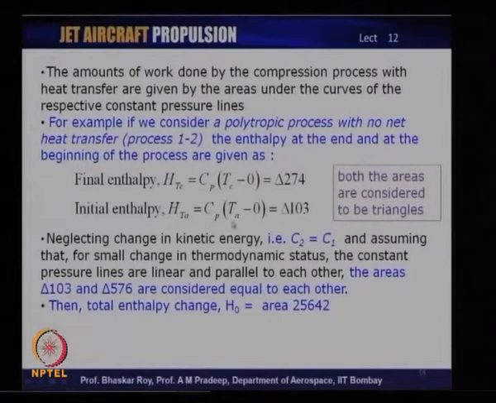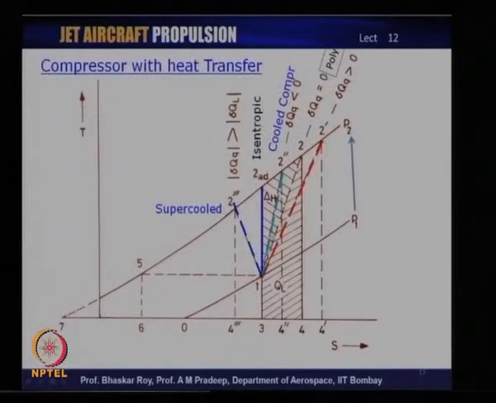The initial enthalpy is the triangle 1, 0, 3, shown here in terms of 0, 3 and 1, and that is the triangle with which the flow is entering the system. So, it enters the system through 1 and goes out through 2. This is the energy at the entry point, and this is the energy at the exit point.